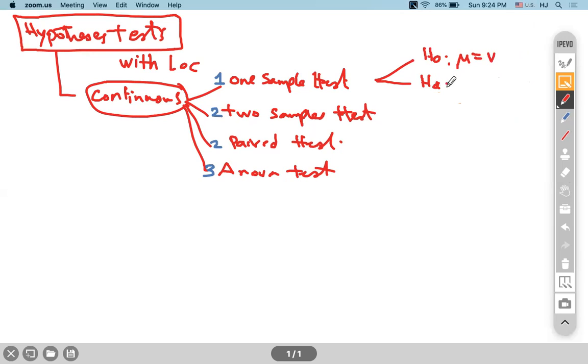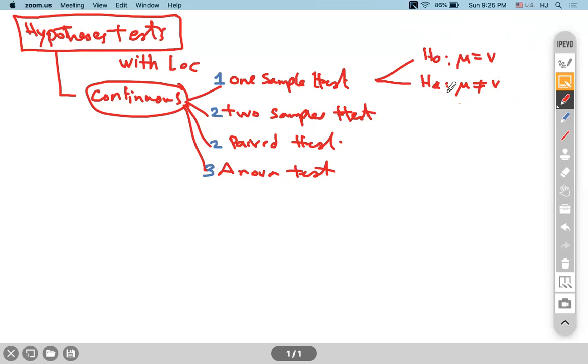The alternative hypothesis will be that the mean of that variable is not equal to that value. So we want to see, is the mean of age equal to, let's say, 50, according to the sample which we have? Is the mean which we have not equal to 50? So that's what we test.